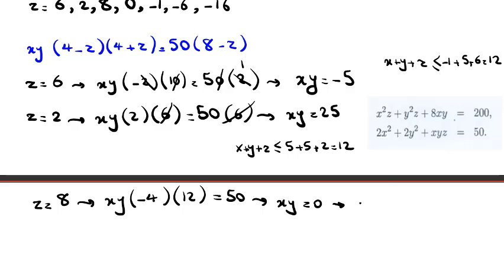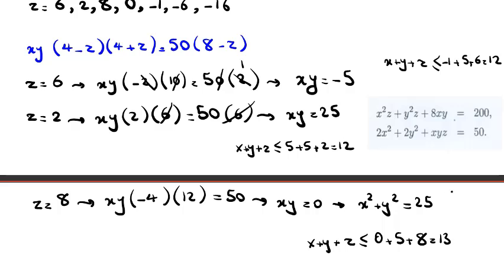We can conclude x squared plus y squared, it is 8 times this is 200. 200 over 8 is 225. Because one of them is 0, the other one is at most 5. So it will be 0 plus 5, 5, plus 8, 13.